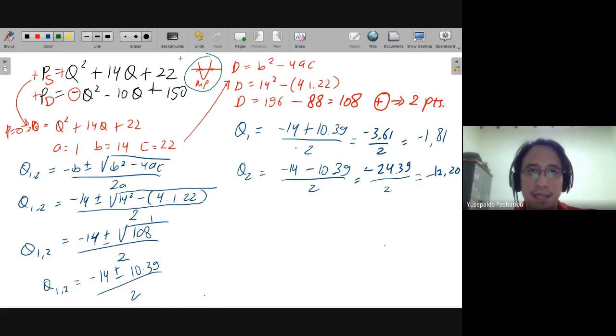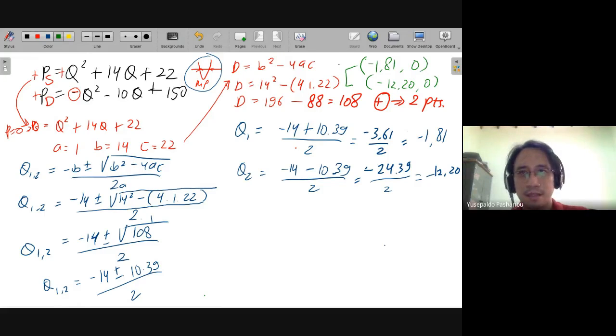So we have Q, P, like X, Y. For the first coordinate, I write in this part: minus 1.81 Q, P, and minus 12.20, 0. This is the square root.